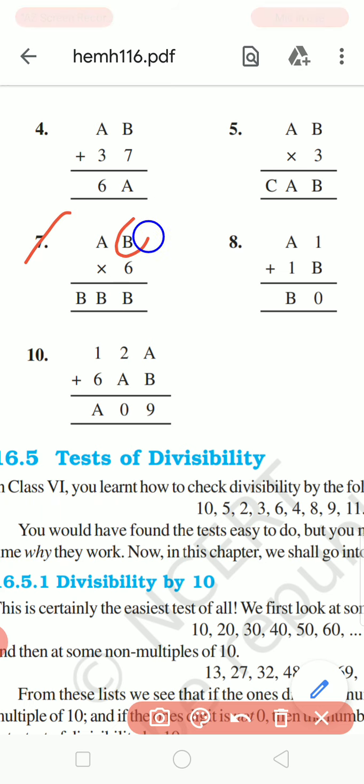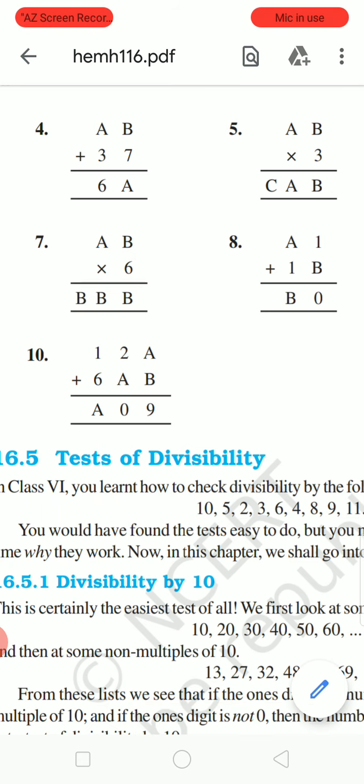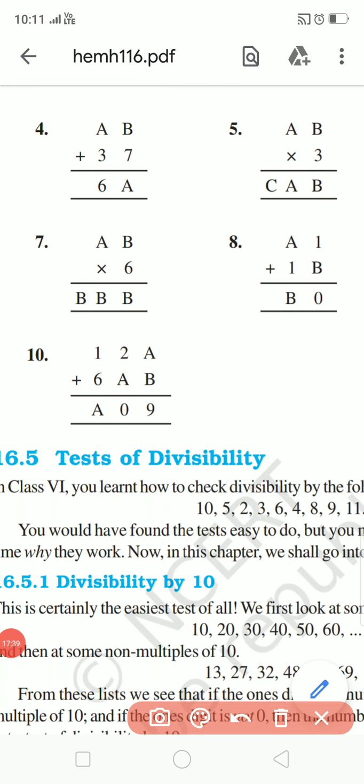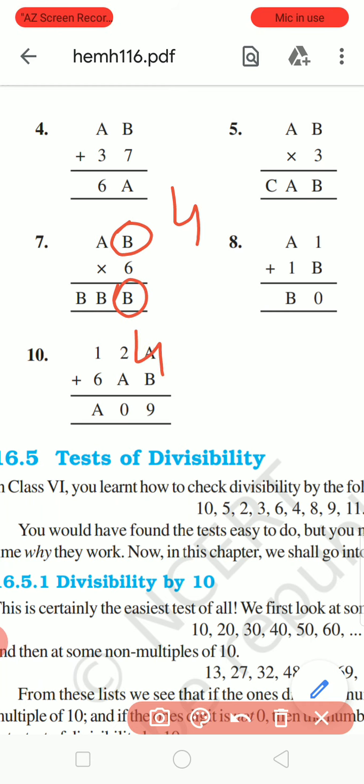So you have given here B and all the values are same. So in which case will you get the same value here? So if I take instead of B as 4, it will become 4, 4 and 4. So the answer will be 444.